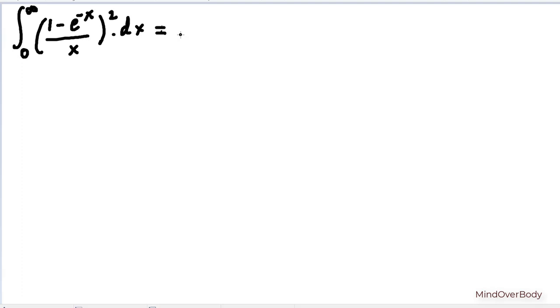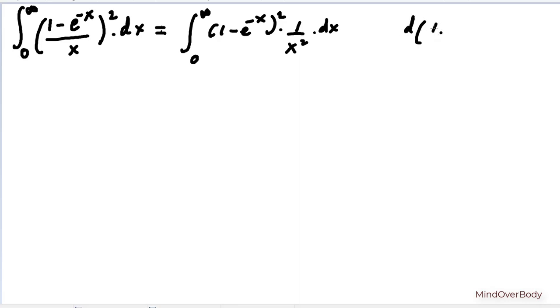So foremost, I would like to rewrite this as the integral from 0 to infinity of (1 − e^(−x))² times 1/x² dx. Now if you were to have a term like d of (−1/x), I can rewrite it as d of (−x^(−1)).